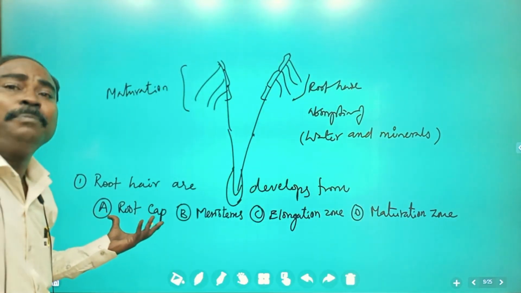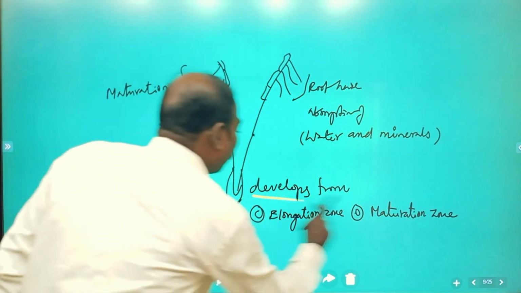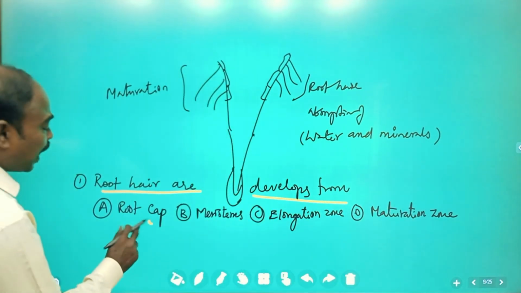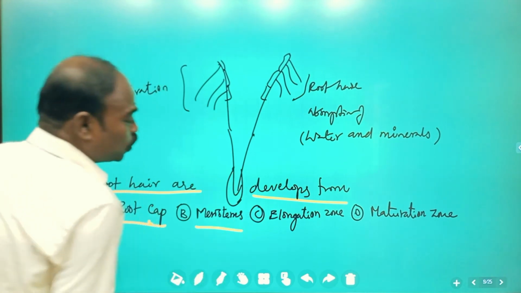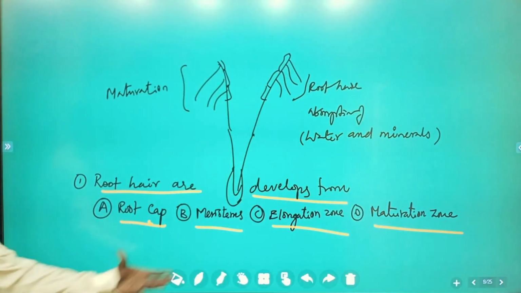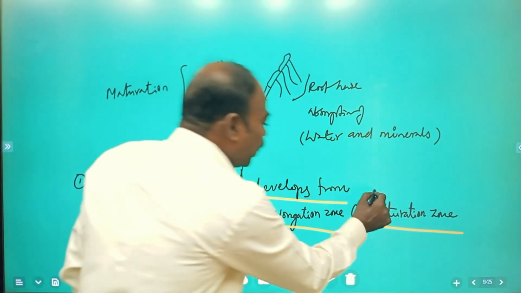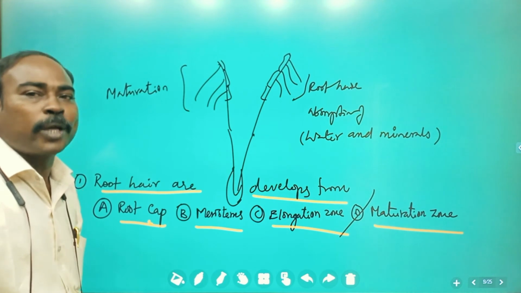Now identify the answer, a simple one. Root hairs are developed from the root cap zone, meristematic zone, elongation zone, or maturation zone. This simple question was asked in 2018. You see, D is the correct answer, maturation zone.